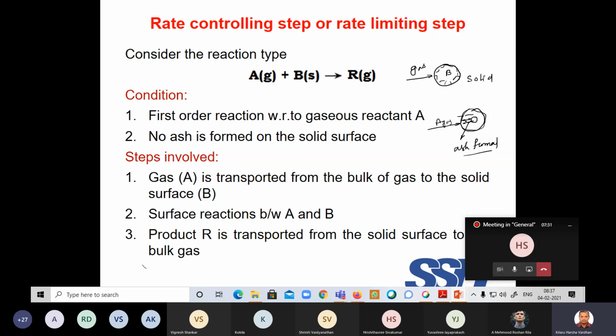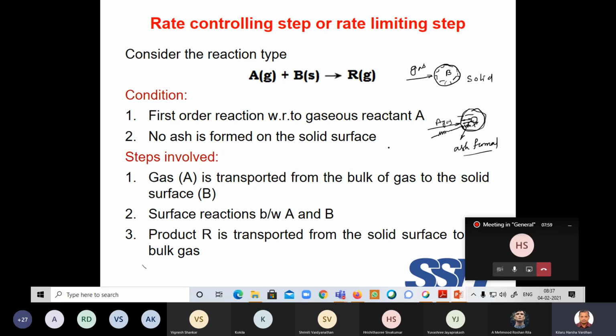When the ash is formed and you are not removing that ash, the gas has one resistance in the gas phase, and then there is one more resistance on the solid, because here there is no solid at all because it is converted. It is only ash that is there. Therefore, the gas should penetrate through this ash also, then only go to the surface of the solid.